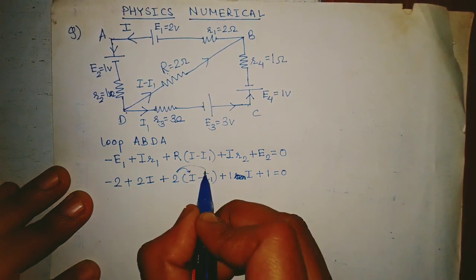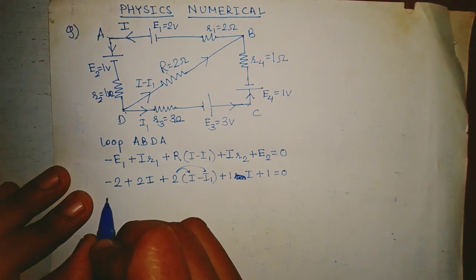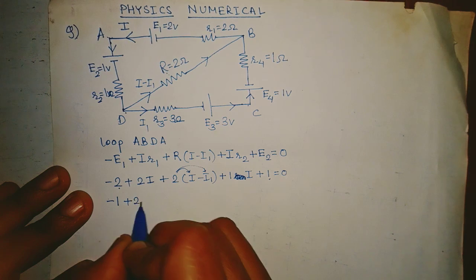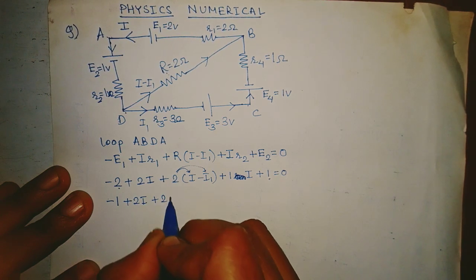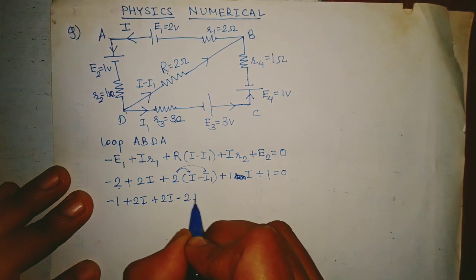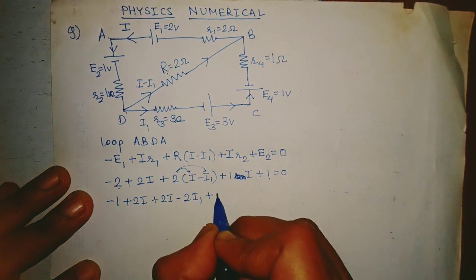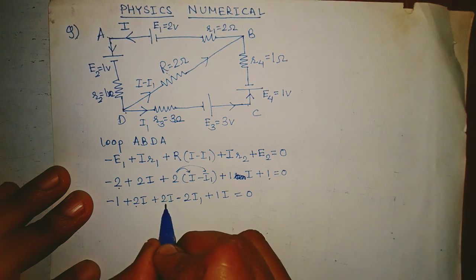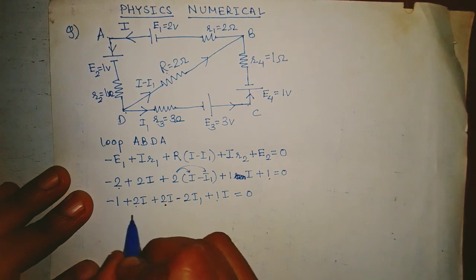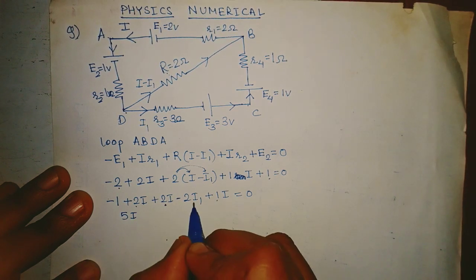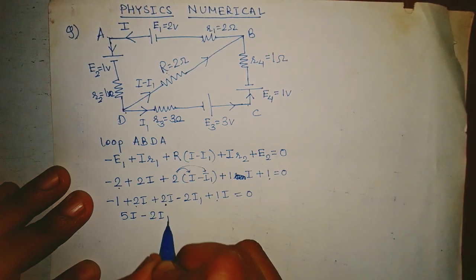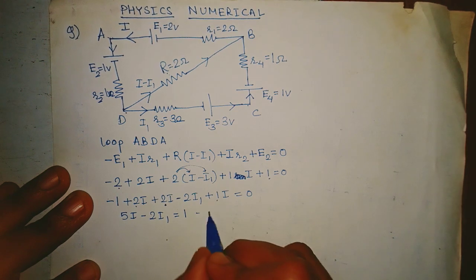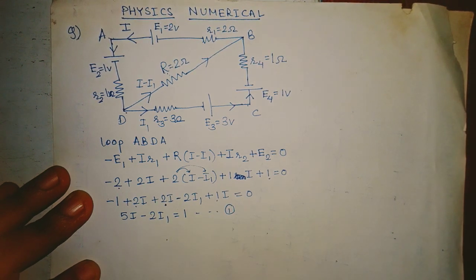You have to multiply inside. So minus 2 plus 1 will get minus 1, then 2I plus 2I minus 2I1 plus 1I equal to 0. So 2, 2, 4, 4 plus 1, 5. So 5I minus 2I1, and this minus 1 I am taking that side, so it will be 1. This is our equation 1.